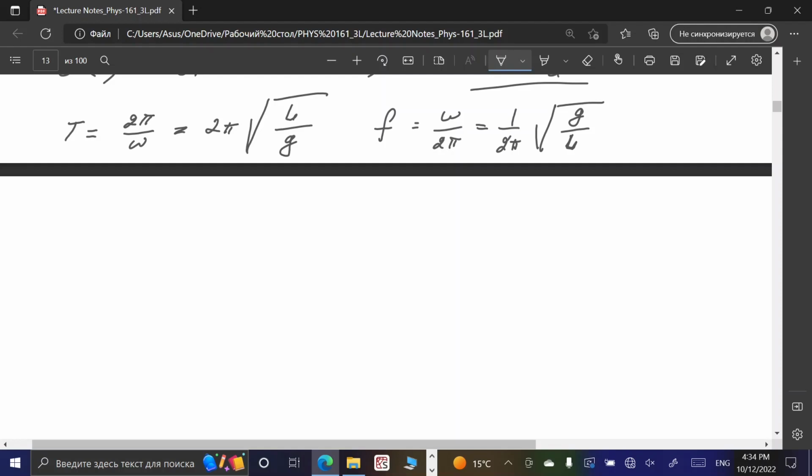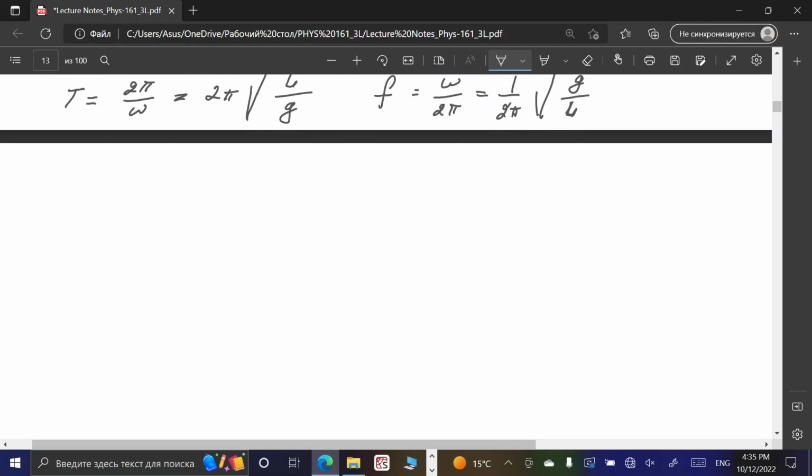So now let us also consider another option which does not require any specific shape of the pendulum, because it may be any arbitrary shaped body which can rotate about some axis, let's say axis O, which goes through this.